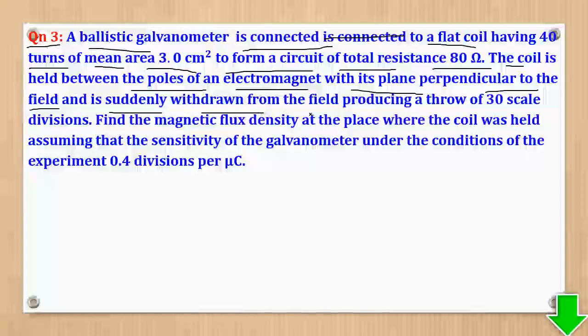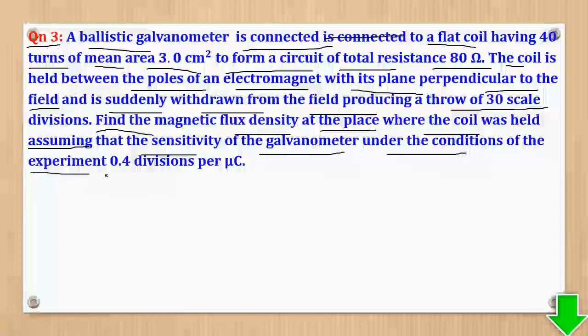Suddenly withdrawn from the field, producing a throw of 50 scale division, that is now theta. Find the magnetic flux density at a place where the coil was held, assuming that the sensitivity of the galvanometer under this condition of the experiment is 0.4 divisions per coulomb.